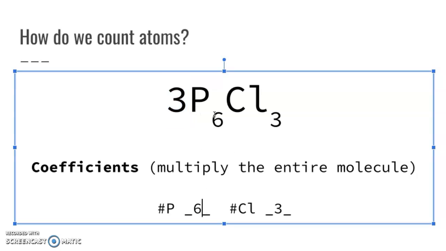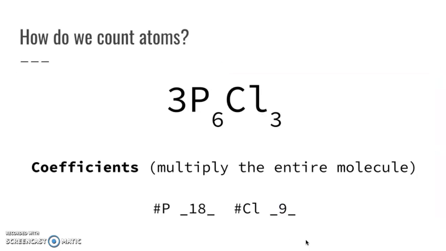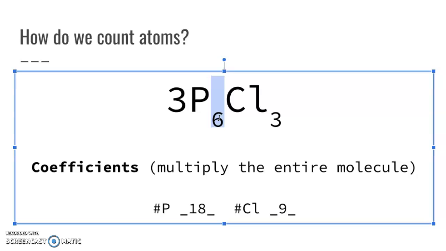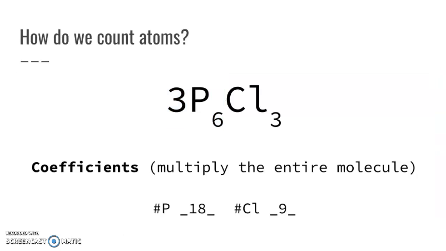So if I had 6 phosphorus, I now have 18, because 6 times 3 is 18. If I have chlorine, I had 3 to begin with. 3 times 3 is 9. So in 3P6Cl3, I have 18 phosphorus, I have 9 chlorine, okay? So that's how we can use subscripts and coefficients to help us determine our number of atoms, okay?